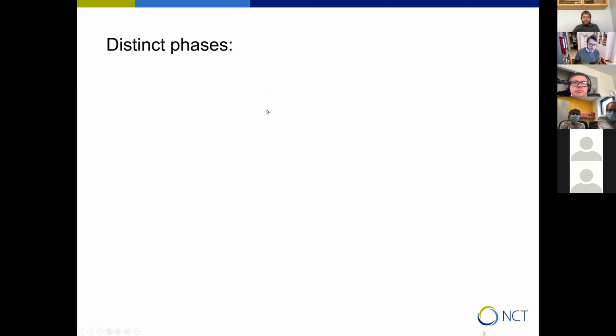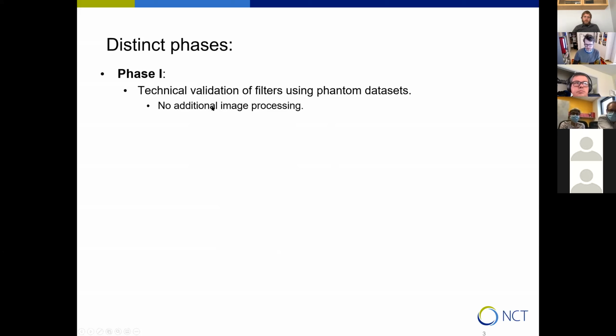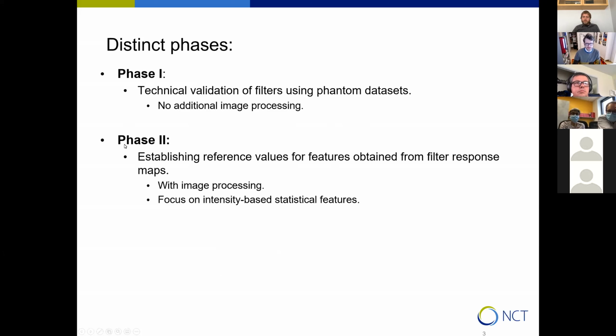Again, this work is divided, similarly to IBSI 1, into distinct phases. In the first phase, just technical validation. Here we don't do anything with feature extraction or image processing aside from computing filters using phantom data sets. Then we will have phase 2, where we will try to establish reference values for a subset of features.